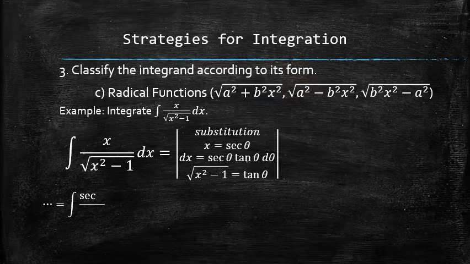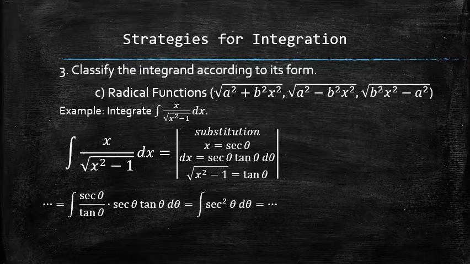Next, we plug everything into the original integral and simplify so that we have nothing but a trigonometric function of theta left in the integrand. We continue with the process by finding and simplifying the antiderivative of the trigonometric function. To finish the process, we need to replace theta with the original variable.